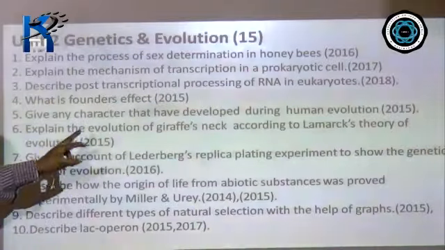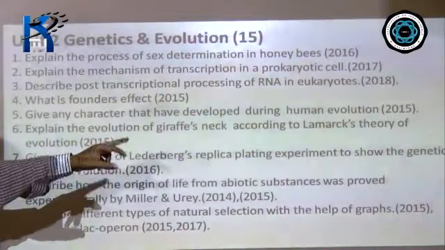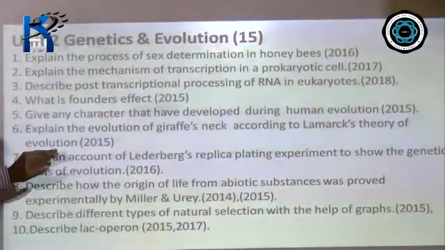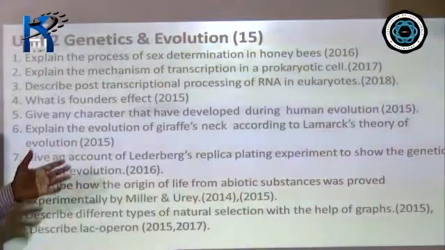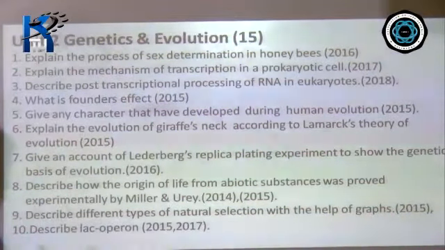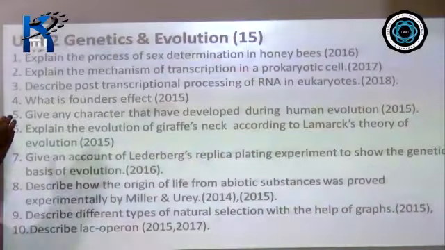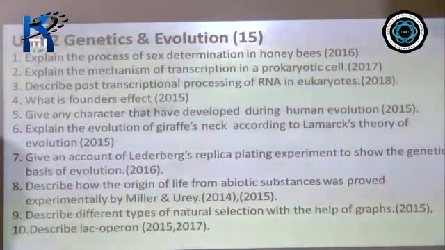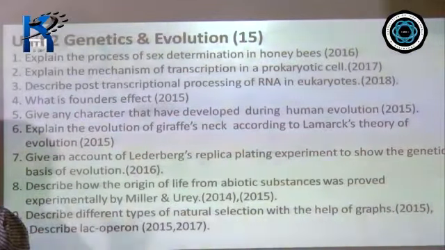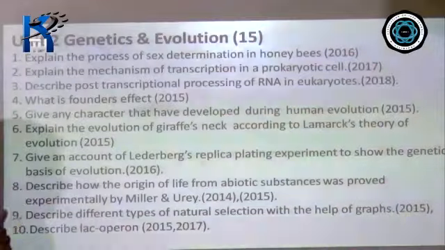Explain the evolution of giraffe neck according to Lamarck theory of evolution. If you go through the different periods and eras, like the Cretaceous period, in the geological time scale you will come across that the giraffe was like a goat, the size of a goat.